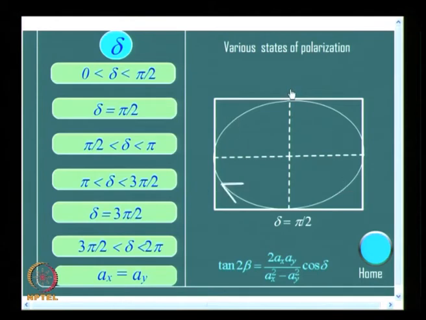This is a very important and useful result in photoelasticity. The vibrations along the major and minor axes having a phase difference of pi by 2, that is very important information. So if the vibrations have a phase difference of pi by 2, then those axes form the axes of the ellipse.